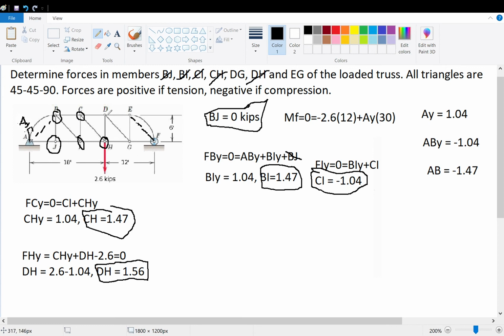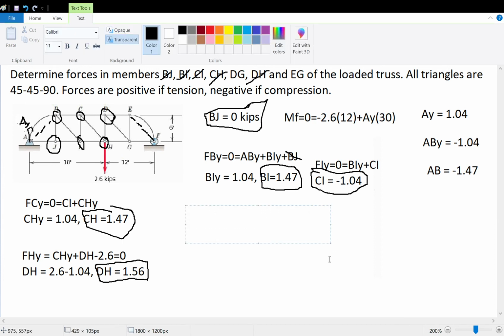Now you move up to joint D, and then from there you can find DG, and you would again very tediously do another net force equation where you do the forces on joint D in the Y direction, which is going to sum up to 0, which is going to be equal to DH plus DG in the Y direction.